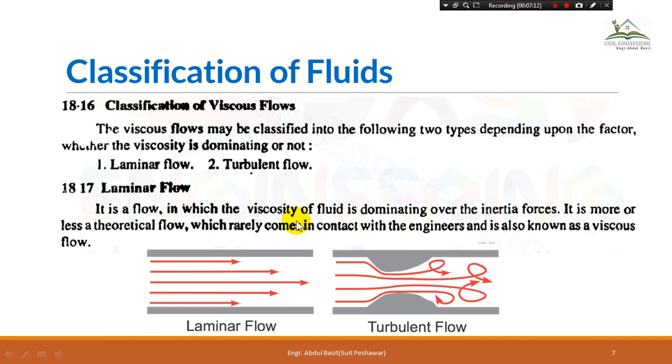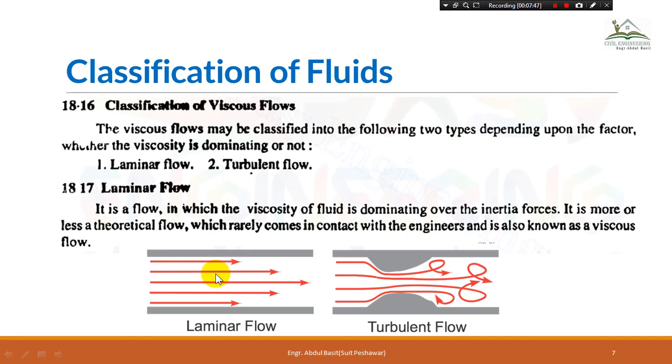Simply, whenever a fluid is flowing through a pipe or any duct, and there is an interruption in the way, and still the fluid particles are following their own path, and the paths of the fluid particles do not cross each other, such a type of flow is called laminar flow.